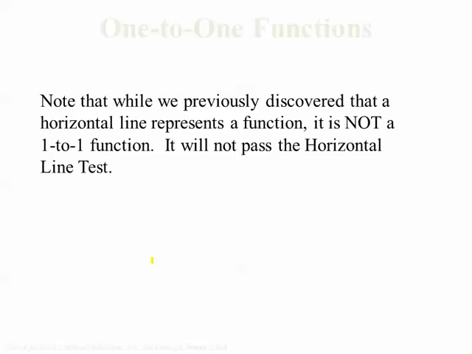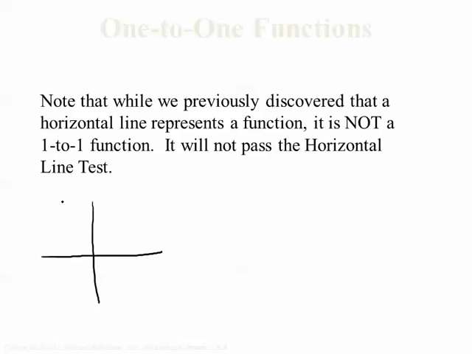Note that we previously discovered the horizontal line represents a function, but it is not a one-to-one function. So I'll show you what they mean by that. Remember when we were talking about graphs that were not functions?